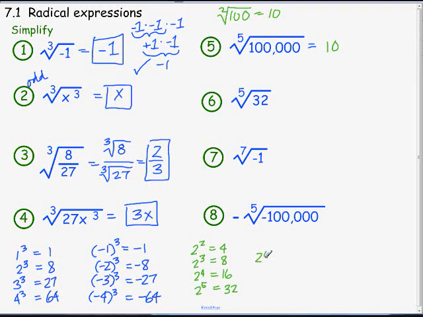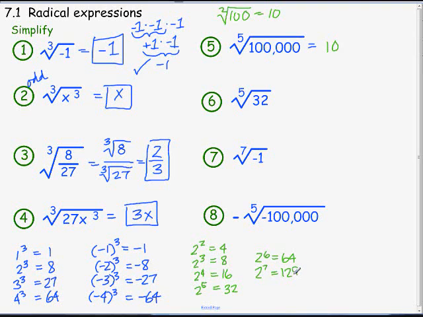2 to the 6th power would be 64. Be careful. Notice how I let this slip down a little bit. That could be confusing. Somebody might read that as 26 and they'd say, that's not true. 2 to the 7th power, you can see how this works.